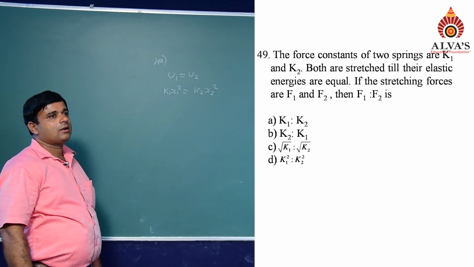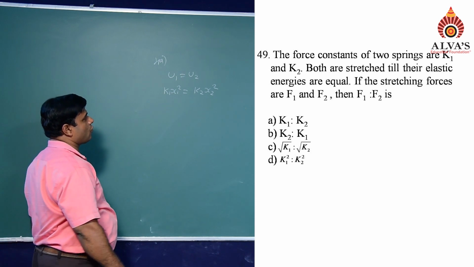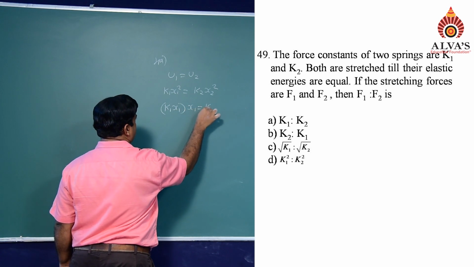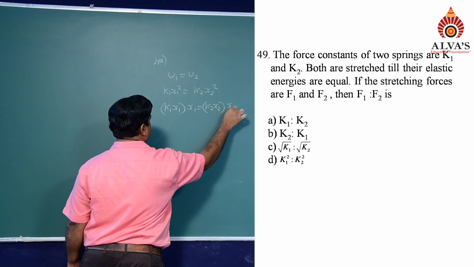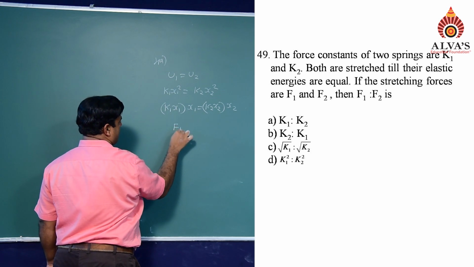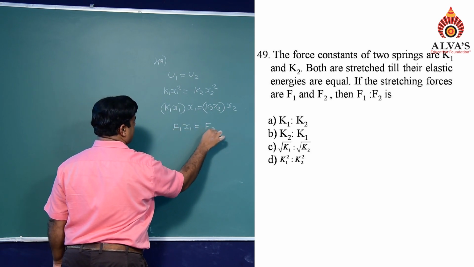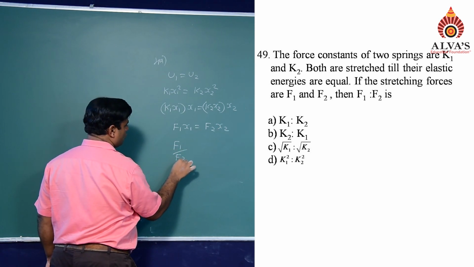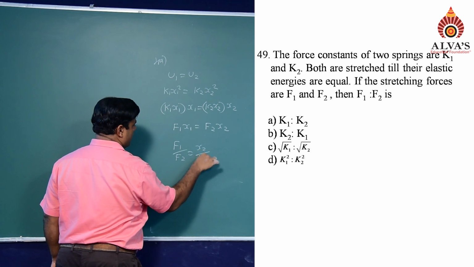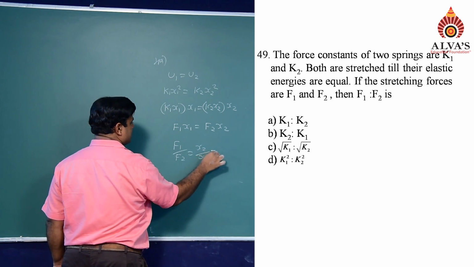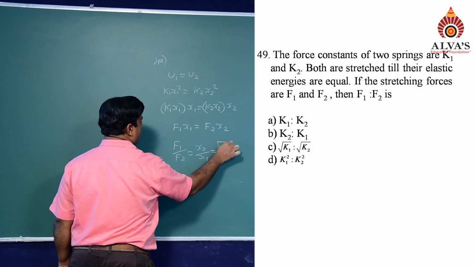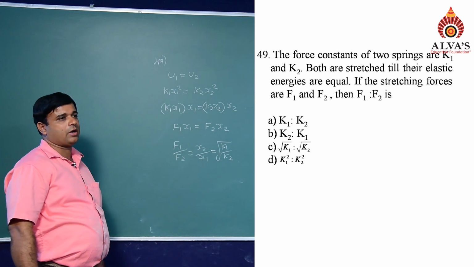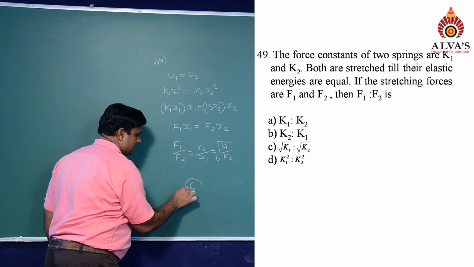To find the ratio of force, convert this into force form, that is K1 x1 into x1 equal to K2 x2 into x2. K1 x1 is F1, K2 x2 is F2, into x2. Therefore, F1 by F2 equal to x2 by x1, but x is inversely proportional to square root of k, therefore it should be root of k1 divided by k2. So the answer is C.